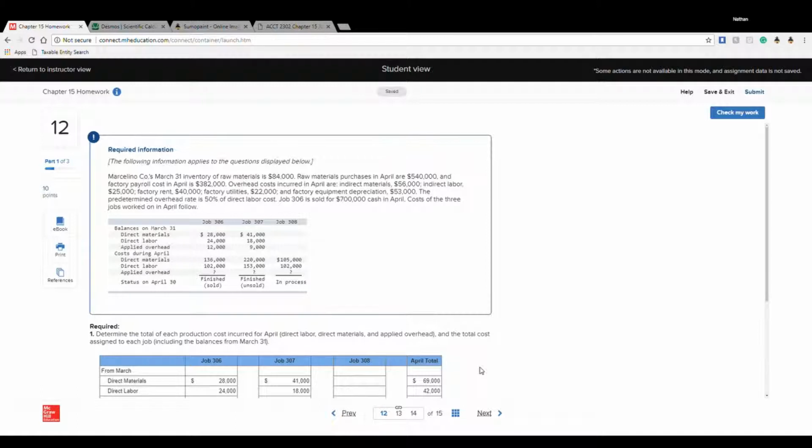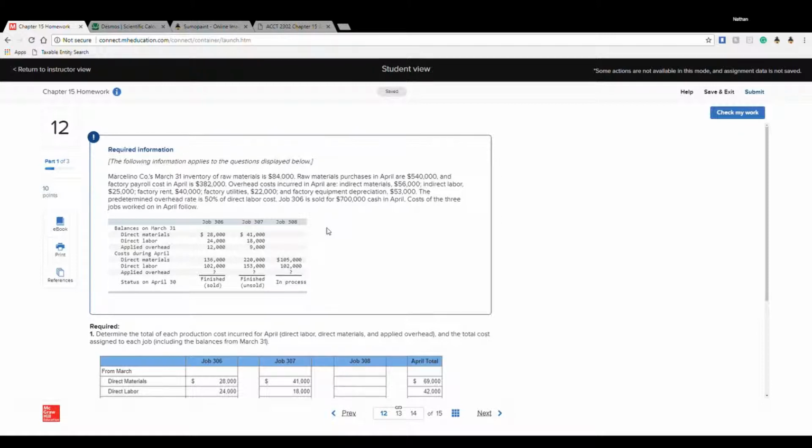Okay, so 12, 13, and 14. They all are together. They run the same, so they're going to use the same information up here. So we just have to put them together as they go. First thing, we have Marcelo Co. and they show us March 31st, our inventory of raw materials is 84,000.